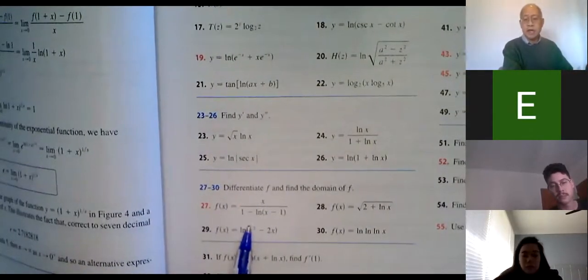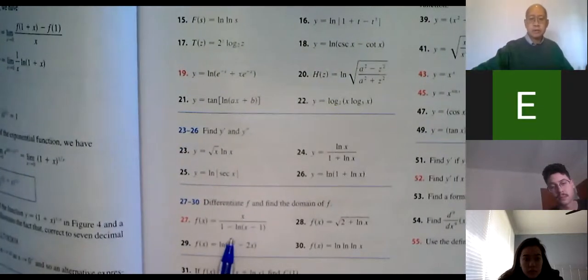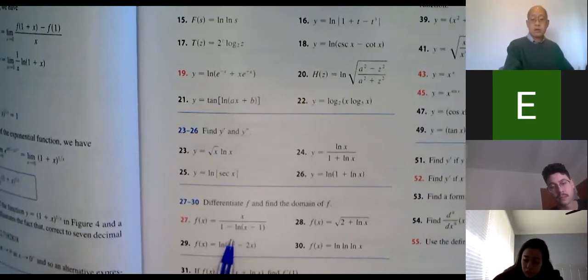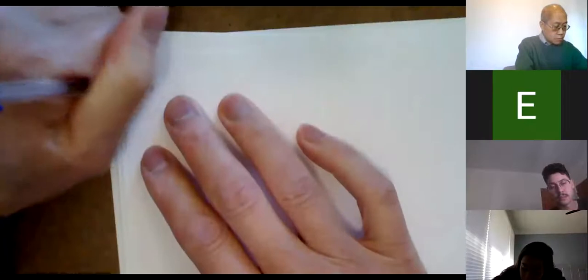Do you have to worry about the domain? That should be something you should know how to do, to find the domain of that. Okay, so differentiate and find the domain. Okay. Do that. So this is 3.627.